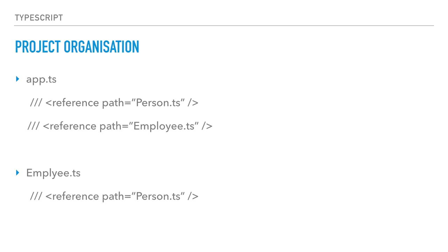From there, we can start coding in the app.ts. In the case of the employee, we can do exactly the same with the person, because this is one dependency for our code. This is just a brief introduction to project organization and how you should do the references between different files in TypeScript. So see you in the next video.